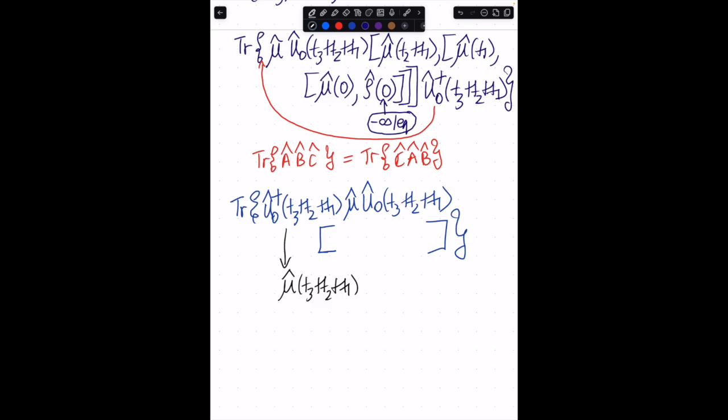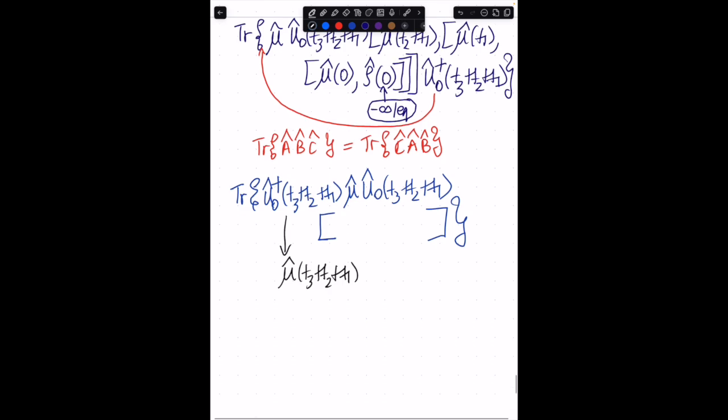Because if you recall the definition of the dipole operator in the interaction picture, which I had defined to you, it's mu hat at time t is equal to u hat 0 dagger at time t times mu times u hat 0 t. Sorry, the dipole operators are mu, not u. I apologize if I said u previously.